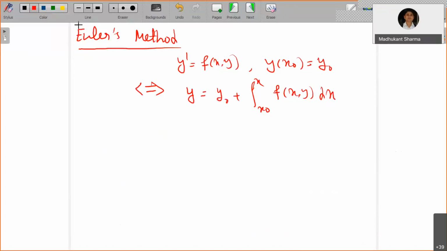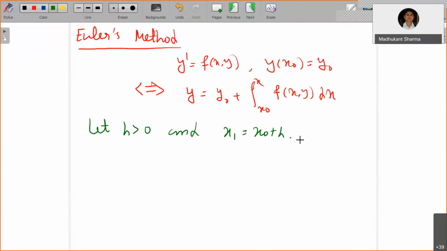Now let h be greater than 0, some positive increment we are taking, and x1 equals x naught plus h. The positive increment to x naught, and we are moving ahead. So x1 is the next point. h may be very small, may be large.